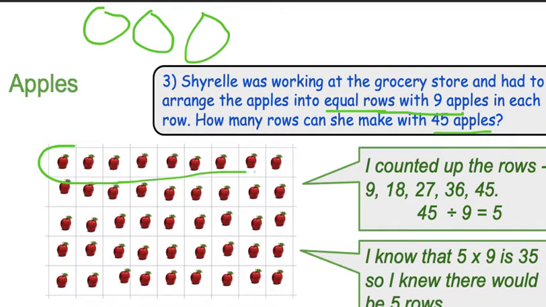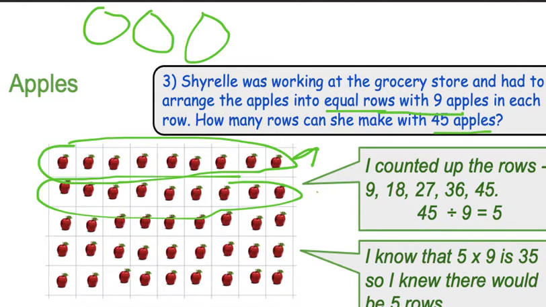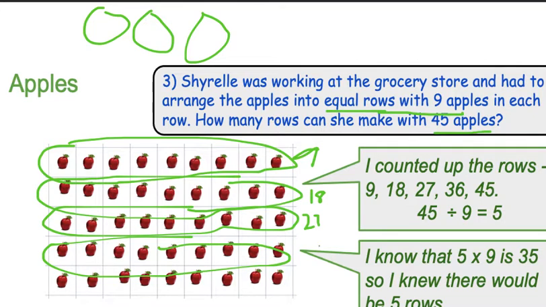So this is a group of 9. Make another group of 9, which would bring you to a total of 18. Make another group of 9. That would bring you to 27. Another group of 9 brings you to 36.